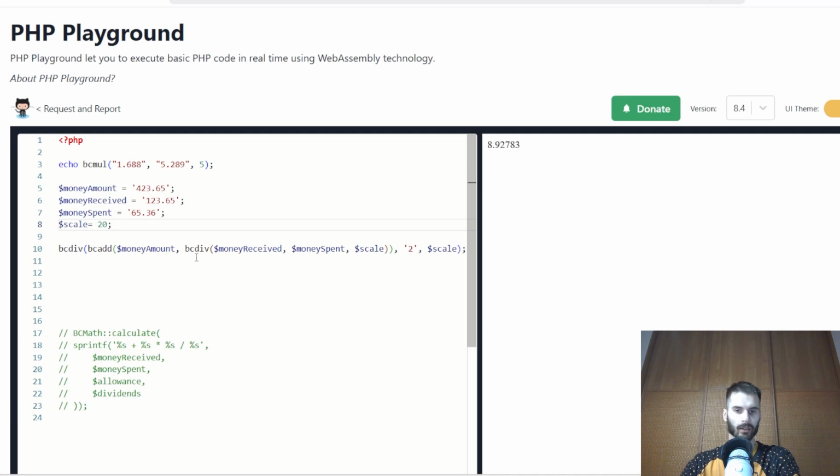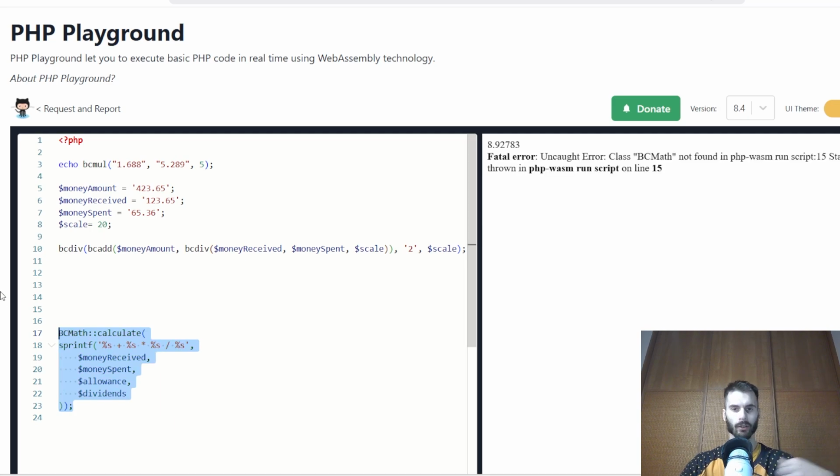So my idea was that I actually found a parser in the PHP documentation for one of the BC math functions, and the idea was basically that you have a BC math calculate function which takes in a string equation, which is basically a printf statement where you provide the whole equation, and then the equation inside is being parsed back again to BC math functions.